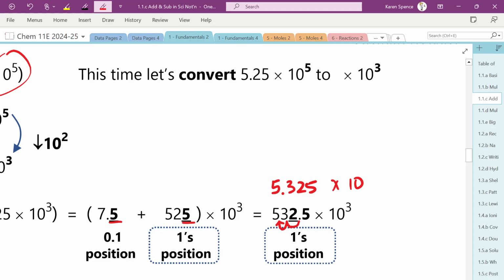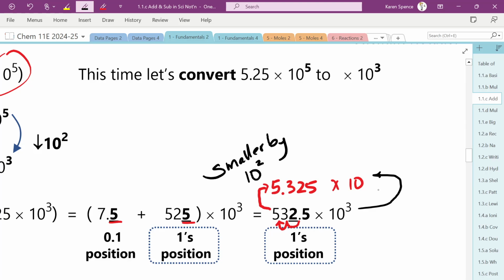You guys are awfully quiet for telling your partner what you think that power of 10 should be. If that coefficient got smaller by 10 to the 2, the exponent needs to get bigger by 10 to the 2.